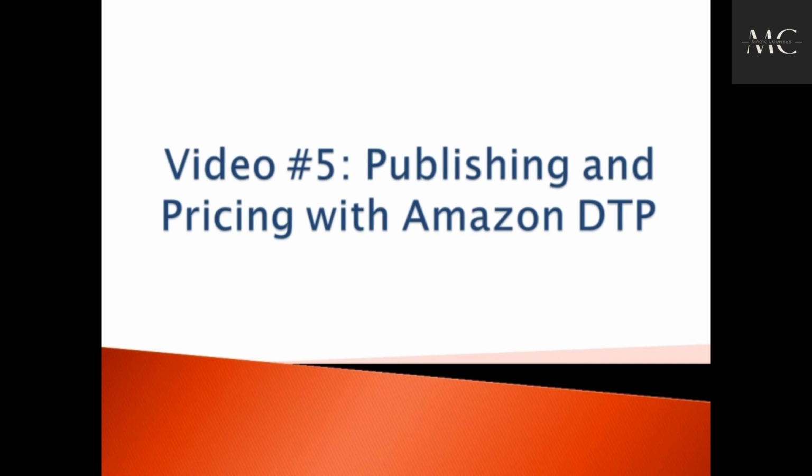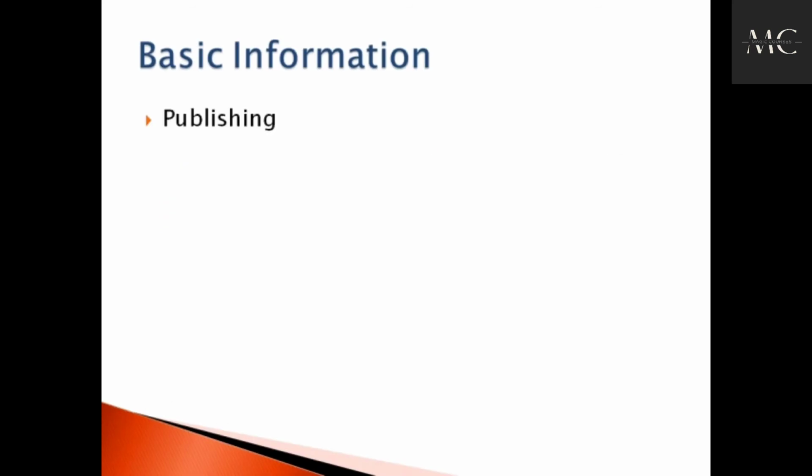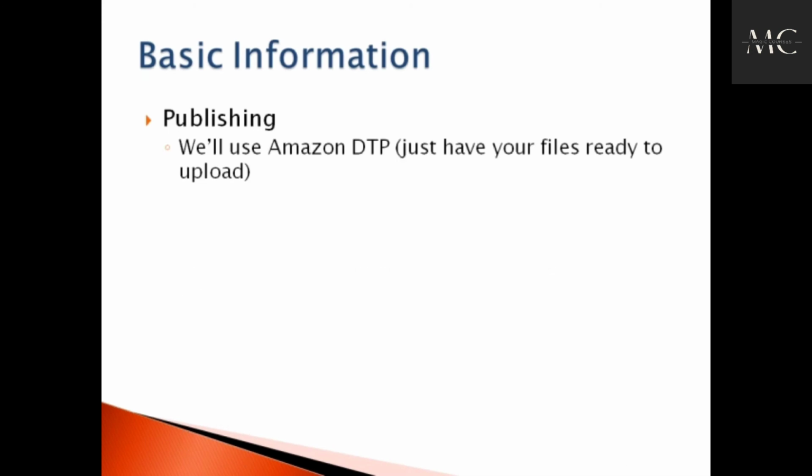Hello and welcome to video number 5, which is all about publishing and pricing with Amazon DTP. Now, before we get started, I want to talk about some basic information publishing wise. We're going to use the website, which is Amazon DTP. It's a website that gives you the ability to upload your files to the site, and then you can choose publishing features, options, and then pricing and things like that.